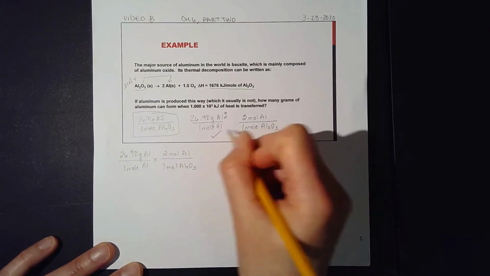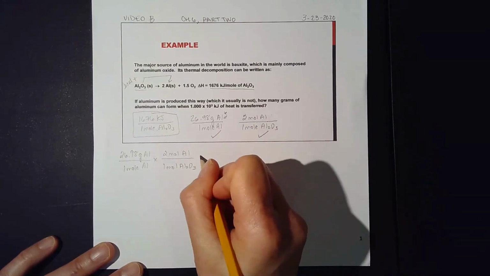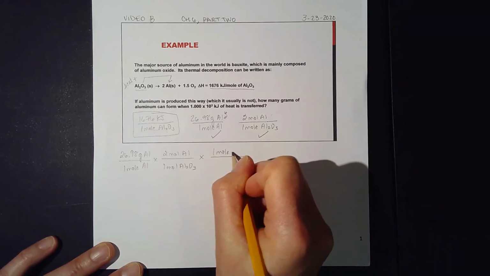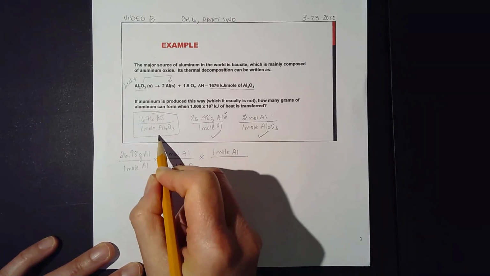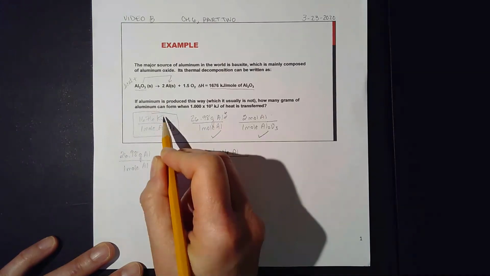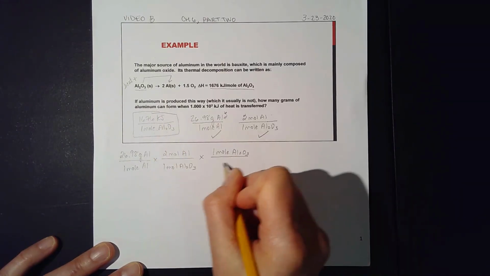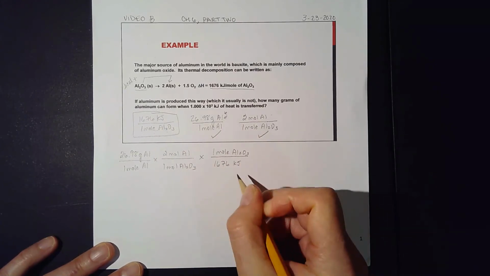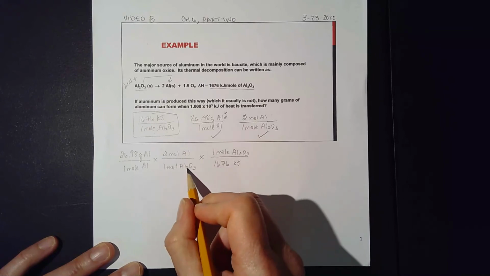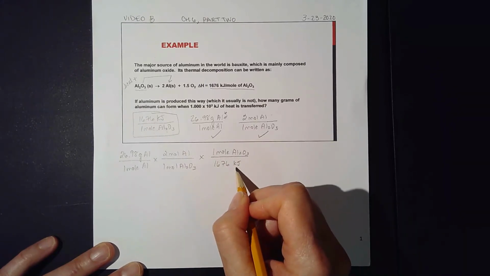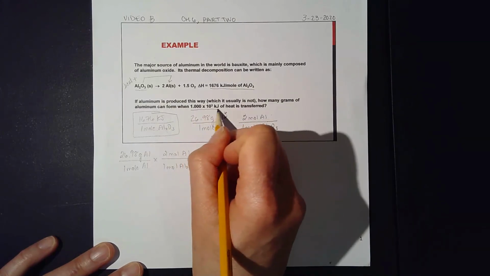So now I've used this and I've used this, and now you can see I'm going to put in my conversion factor that has my delta H in it, and I can see now that I have to flip it over. So that became obvious because I needed to cancel moles. So that's going to give me kilojoules on the bottom. Notice that I haven't used this number yet.